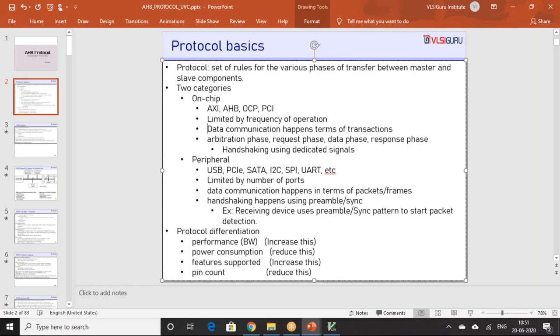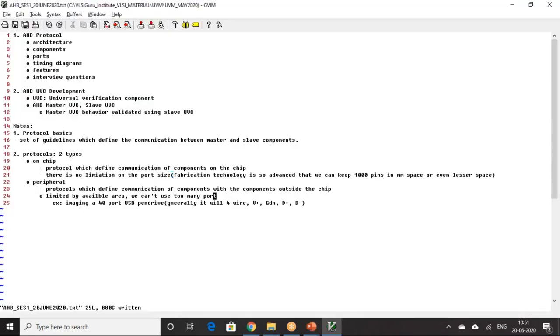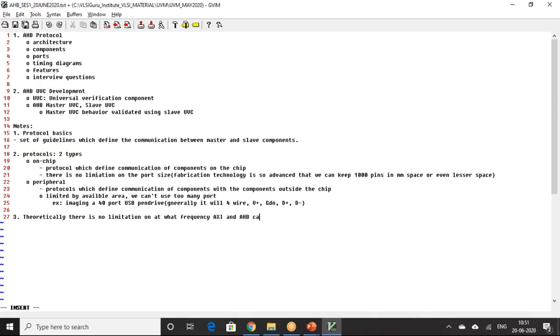It's not that. AXI and AHB can run at any frequency actually. Theoretically there is no limitation on the frequency at which AXI and AHB can run. They can run at infinite frequency also.